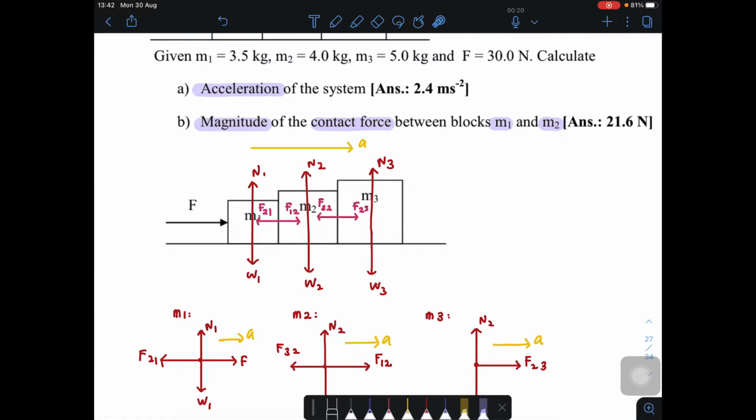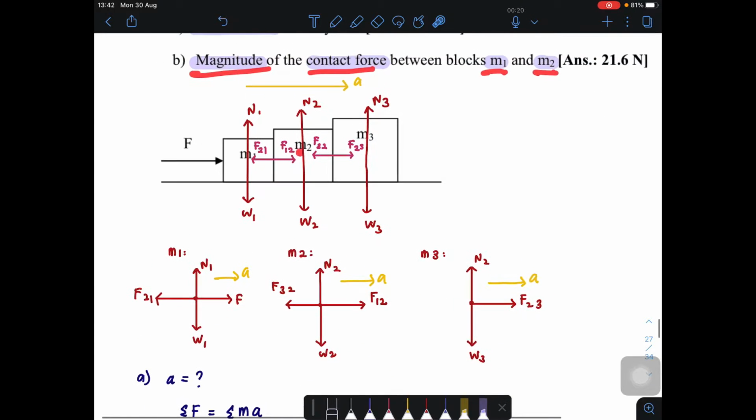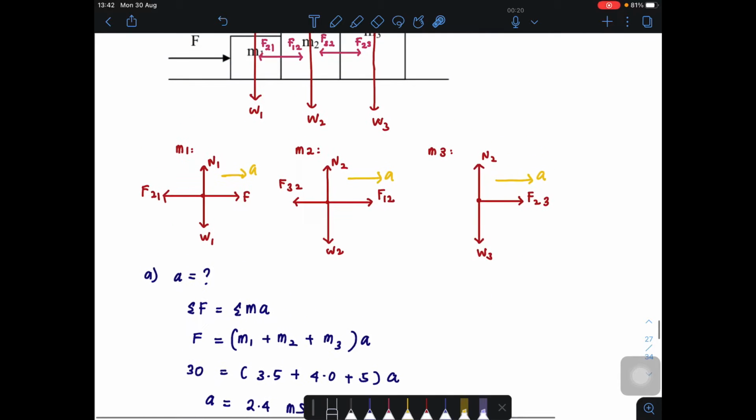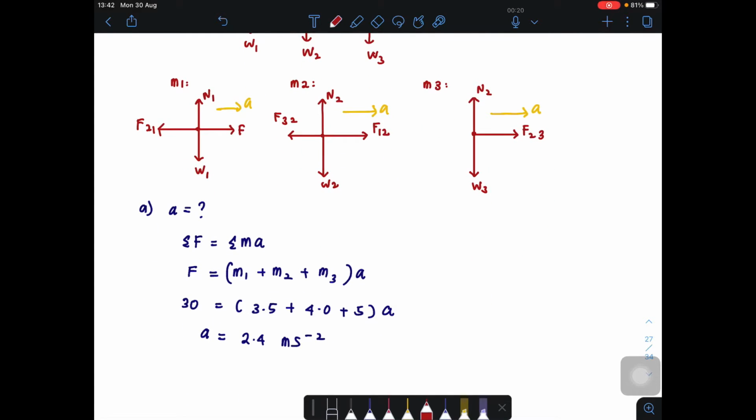So next one, we need to find magnitude of the contact force between M1 and M2. Maksudnya, contact force here. So we only need to find the magnitude sahaja. Either one, sebab kita tahu F12 is equal to F21, but it will be in opposite direction.